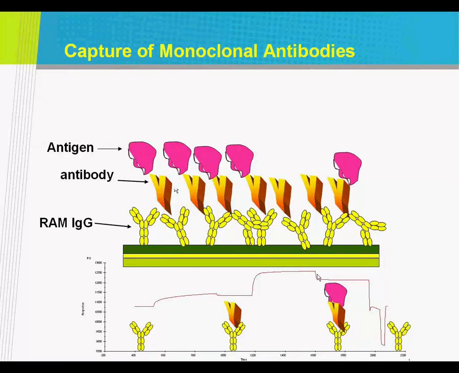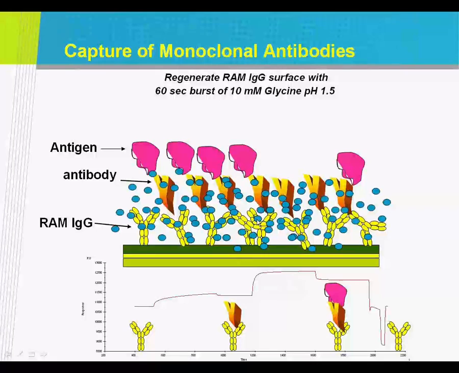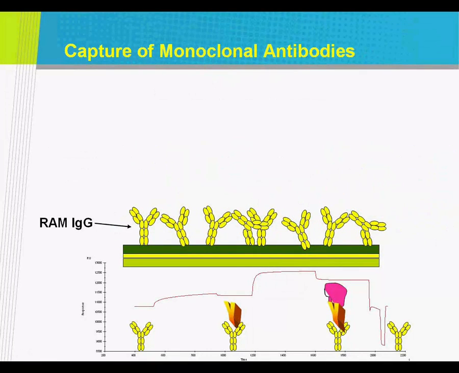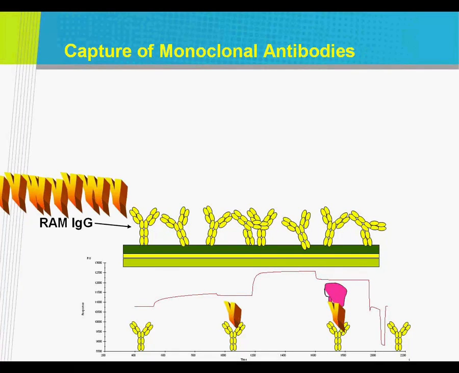That's the key issue of SPR, that you see everything as it's happening, and at the end you regenerate back to your polyclonal level. This chip can then be used over and over again. I think that's the key, because if you've got a lot of antibodies to analyze, or you don't have that much money and you want to use the chip over again rather than pay for a new one, this concept is ideal.